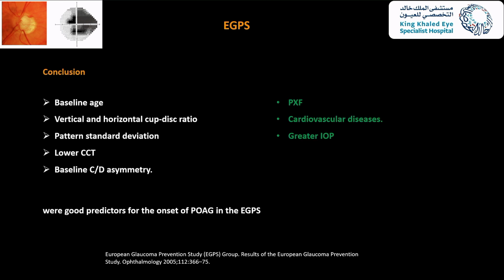So what they concluded at the end, the risk factors were baseline age, vertical and horizontal cup disc ratio, pattern standard deviation, lower central corneal thickness, and baseline cup disc asymmetry. Pseudoexfoliation, cardiovascular disease, and high IOP they found only in univariate factors.